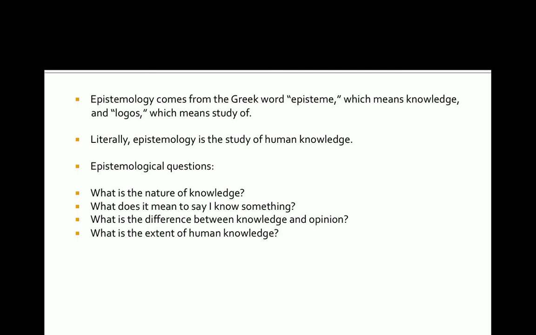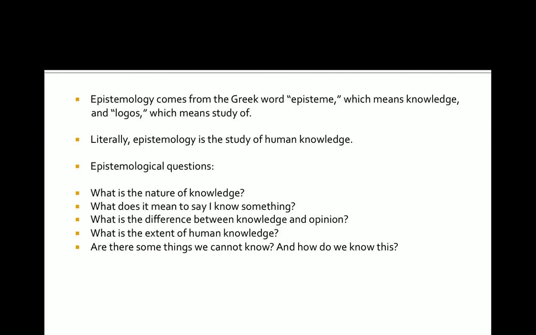Or what about the extent of human knowledge? I mean, it's one thing to give a definition as to the nature of knowledge, but it's a whole other issue to investigate the extent of human knowledge, or how far human knowledge can take us. Is the human mind essentially infallible? Right? Can we know everything that there is to know?